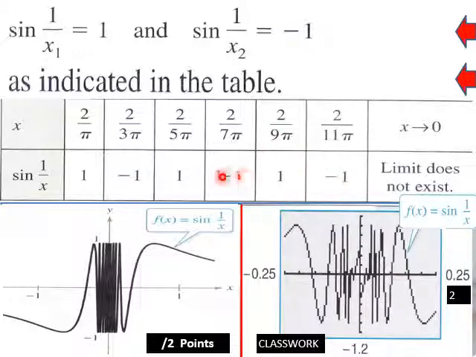So you have different values here each time that you proceed. Here it's 2 over pi, and down here it's 2 over 5 pi. So we have different values for the same input here. The limit does not exist. And this is how it would look on your graphing calculator here.